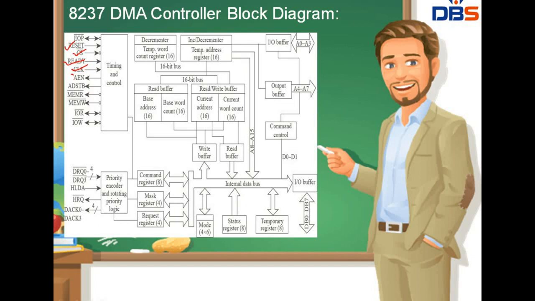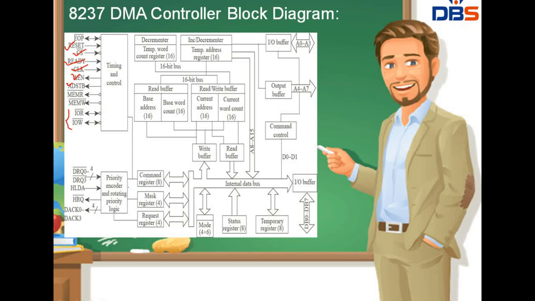Address enable enables the address, and address strobe checks the address lines. Then there are the memory read and memory write operations, and the I/O read and I/O write operations. The I/O read and I/O write signals are active low, and they are bidirectional.